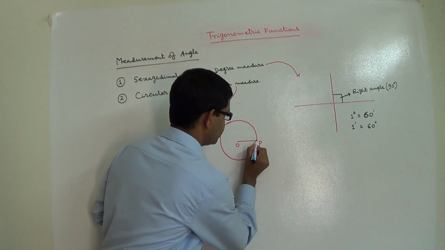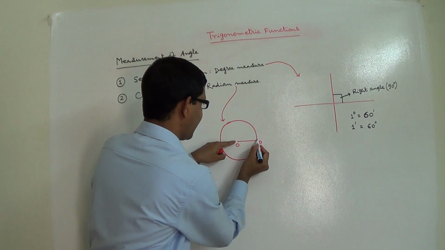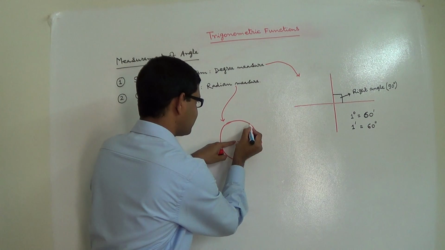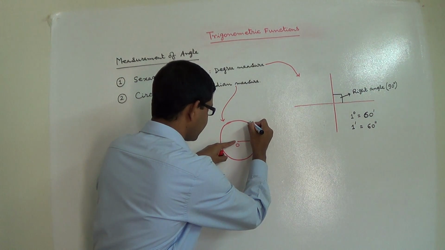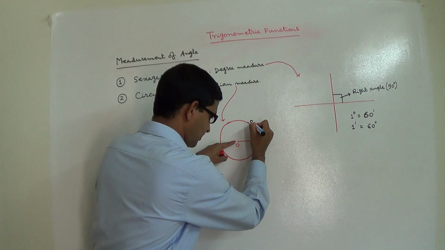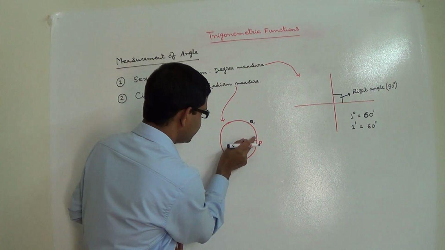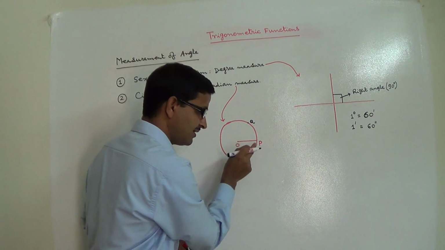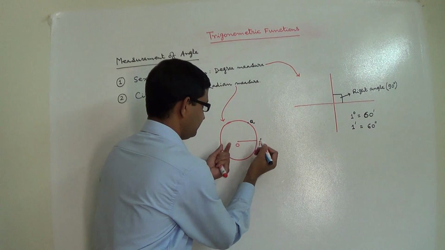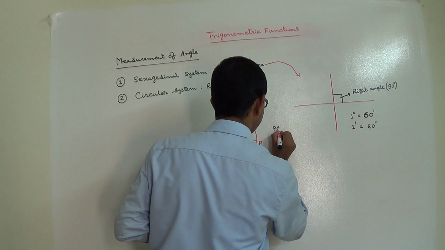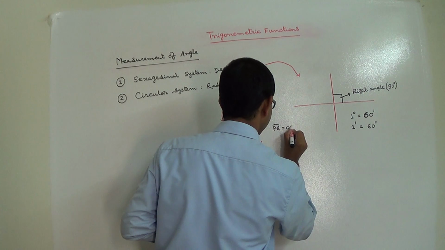P is the initial point, and that point moved along the circumference of the circle to a point Q, such that PQ, that arc length, is equal to the radius of the circle, that is OP.